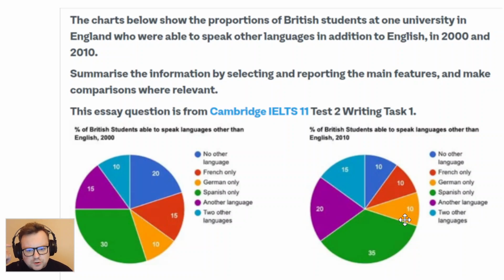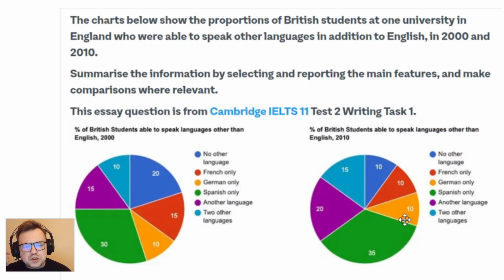Okay, so the proportions of British students. So proportions is like percentage. So they should all add up to 100, 30, 45, 55, 75, 90, 100. Great proportions here. Just look at percentage. Cool.